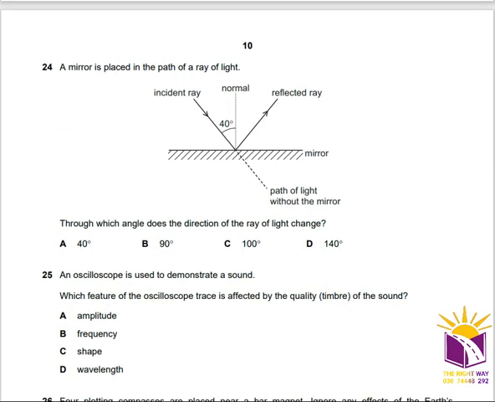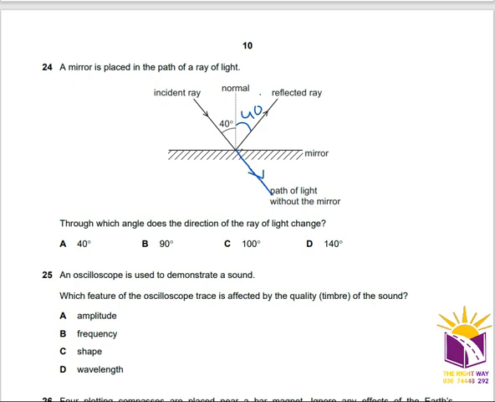A mirror is placed in the path of a ray of light. Through which angle does the direction of the ray of light change? This is the direction in which the light has to travel. From here we know the angle of reflection is 40 degrees, because the angle of incidence and the angle of reflection are the same.